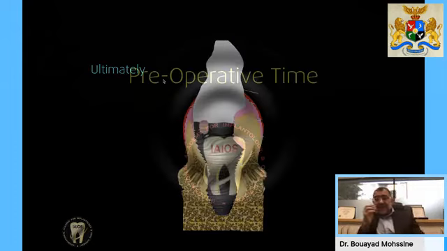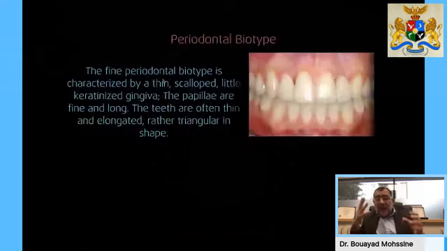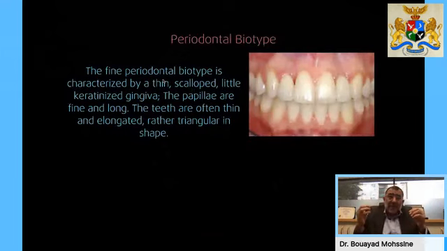In the peri-operative time, we have to determine the quality of the gingiva. The biotype is important. We need a good biotype around our implant to preserve the implant in its seat for a long time.